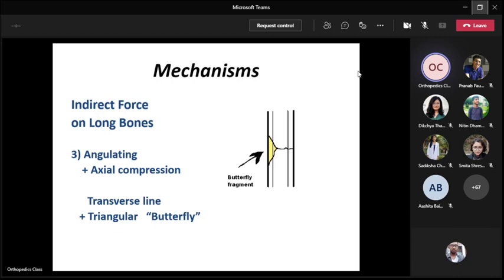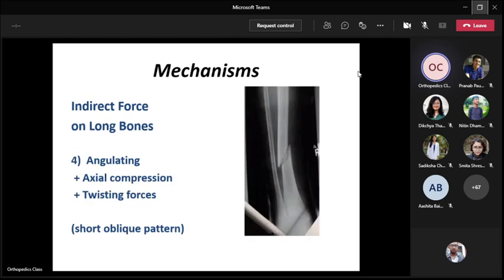One cortex is intact, the other is unstable. This is again an example of another fracture. Here there is a lot of angulation with axial compression and twisting force. These produce a short oblique type of fracture pattern.